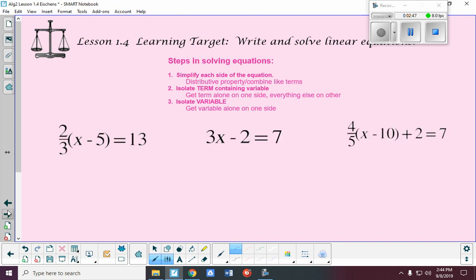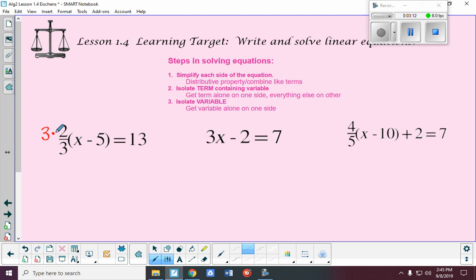All right, now in this next problem, we have some options, and we're going to use a strategy to make the problem a little bit easier in the long run. If we were to distribute, you would have 2/3 times 5, which would be a fraction, and we would be working with fractions throughout the whole problem. So one strategy I like to use is, when you have 2/3 times something, multiply by whatever's in the denominator.